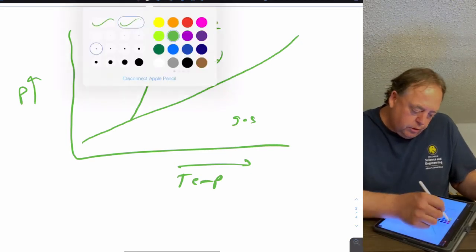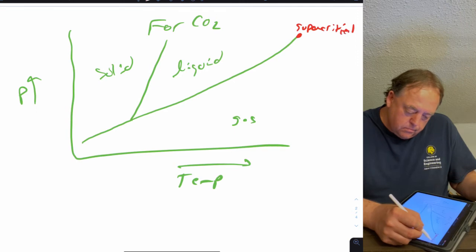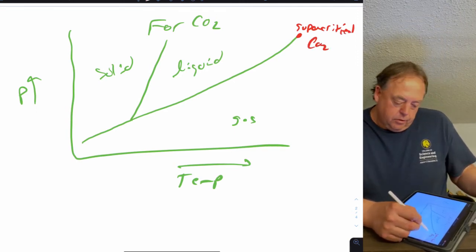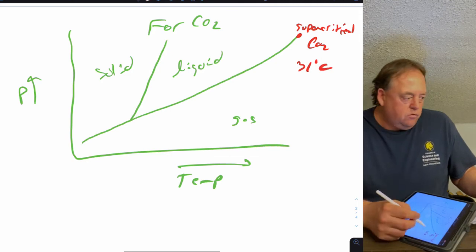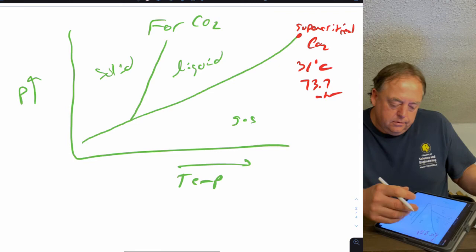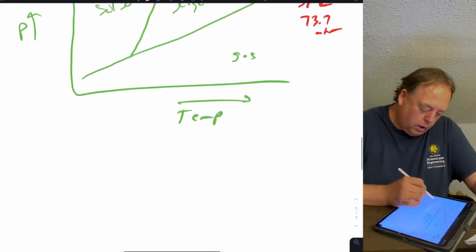So to reach the critical temperature and pressure for CO2, you only have to go to 31 degrees Celsius, so just above room temperature, and only 73.7 atmospheres of pressure. So it's much easier to make supercritical CO2 than supercritical water.